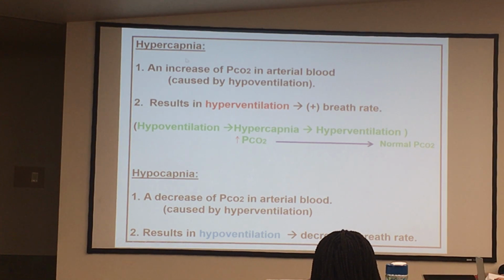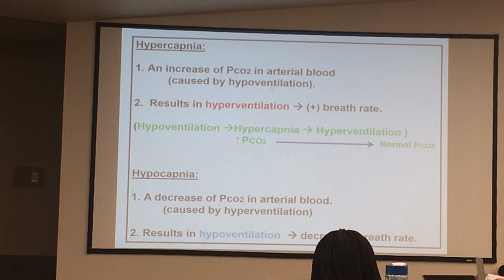Two terms. Hypercapnia means increased CO2 in the blood, in the artery, and is caused by hypoventilation. If some people get damage to the rib or something, then the CO2 cannot move out, and CO2 accumulates in the blood, so we call it hypercapnia.